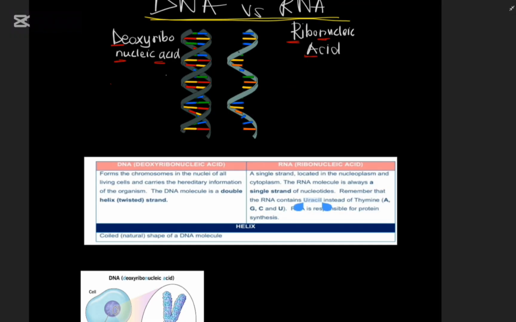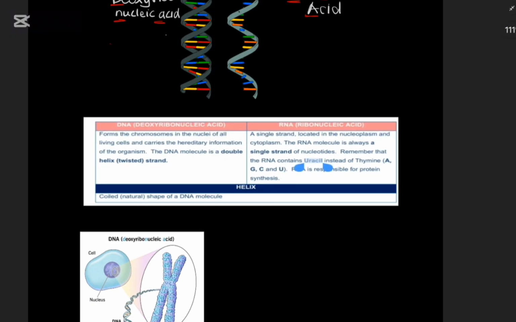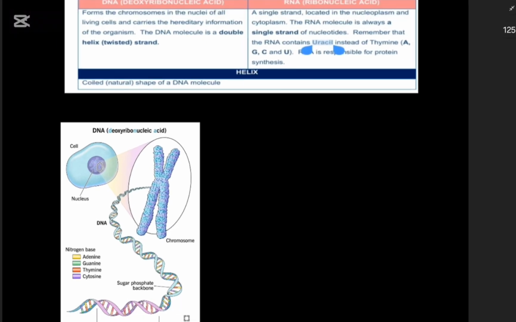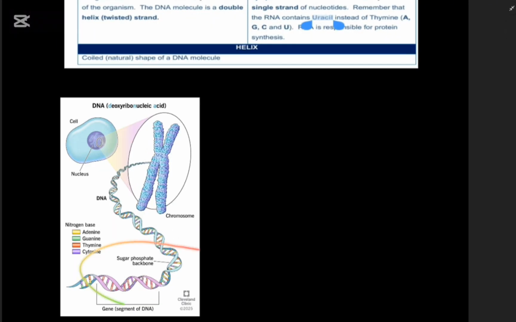Further emphasizing on DNA and RNA, DNA forms the chromosomes in the nuclei of all living cells and carries the hereditary information of the organism. What this statement means is that you see this double helix structure, helix meaning coiled or twisted, comes together and forms this chromosome.